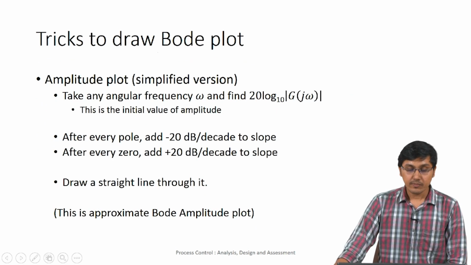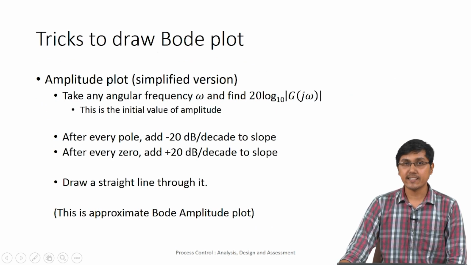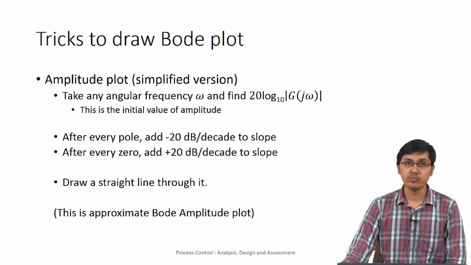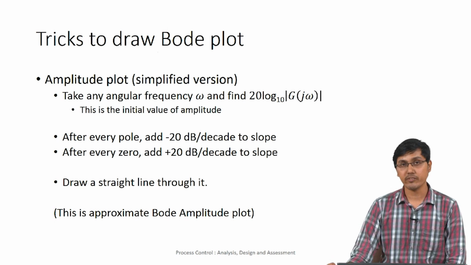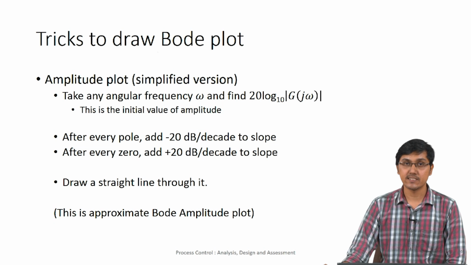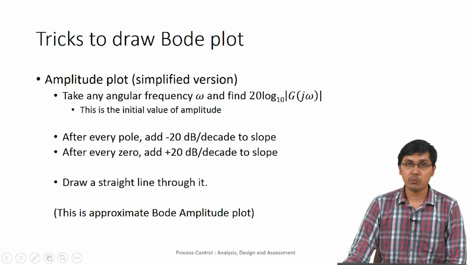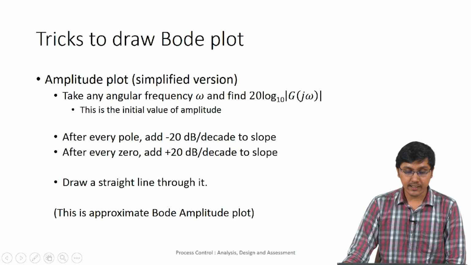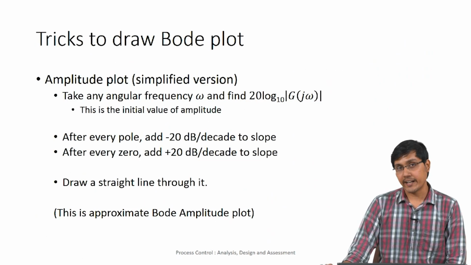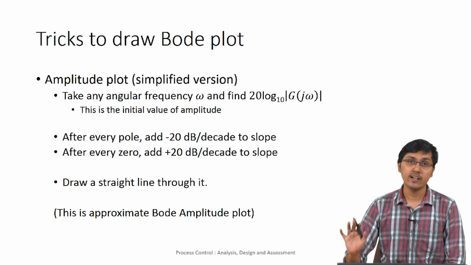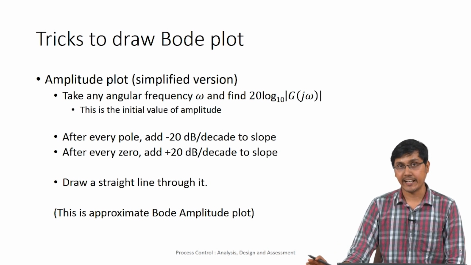Now, based on our observations, let us develop some tricks to draw the Bode plot without tedious computations. Taking the amplitude first, right now we are dealing only with transfer functions which have poles on the left hand side of the S plane.